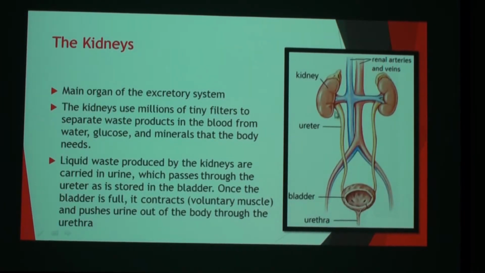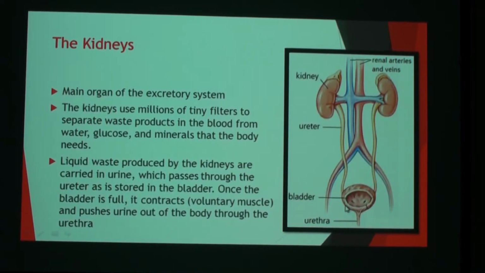So pretty much the kidneys are always filtering our blood, and it produces a liquid waste, which will be the urine, and then it sends the urine through a tube, which is the ureter right here, and then it gets stored in the bladder.